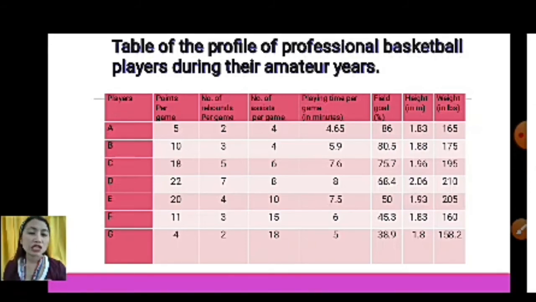For example, player A. The coach will not choose player A since player A only gets 5 points, and 5 is the lowest here. So I hope this table will help you, coach.